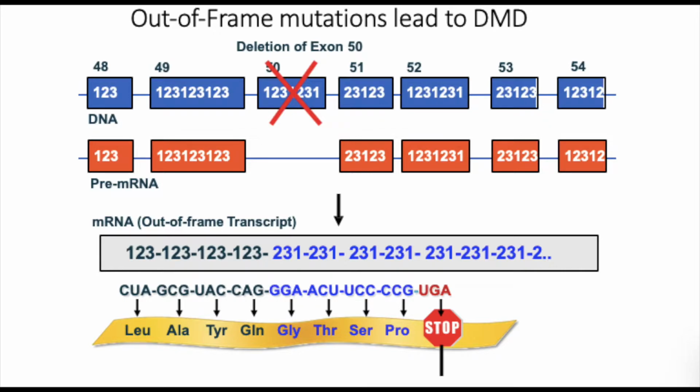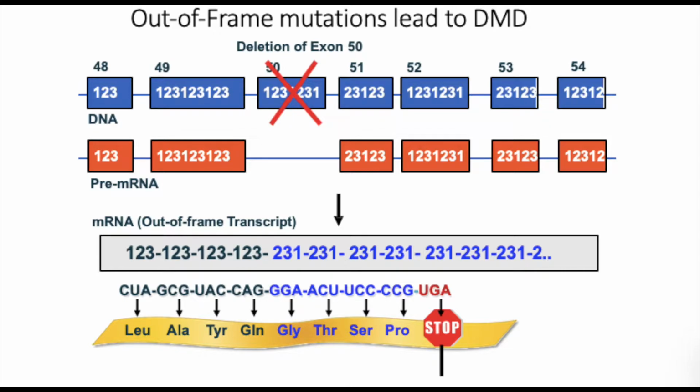So in the case of an out-of-frame mutation, which typically causes Duchenne, with the deletion of exon 50, this is just one of thousands of ways in which there could be a mutation.